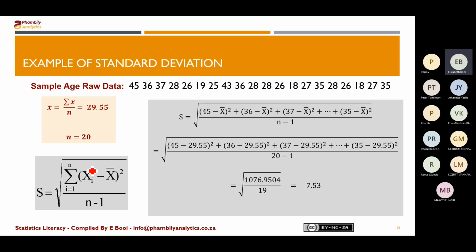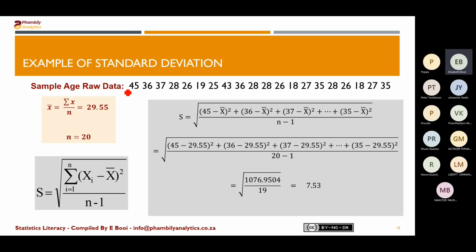Substituting, it means we're going to take each observation, subtract the mean, square the answer, add the next one, square the answer, until we exhaust all the data at the top, and divide everything by n minus 1, which is 20 minus 1.